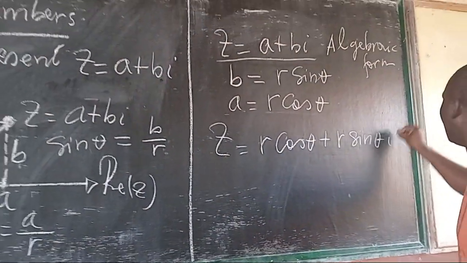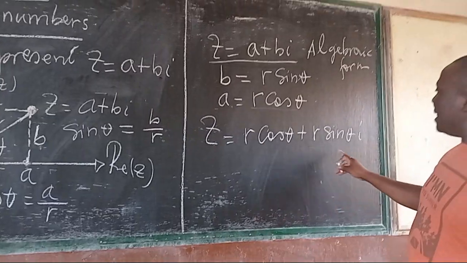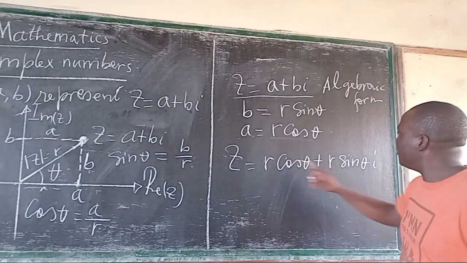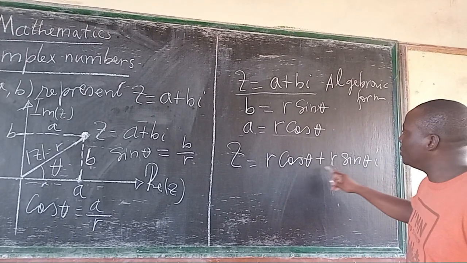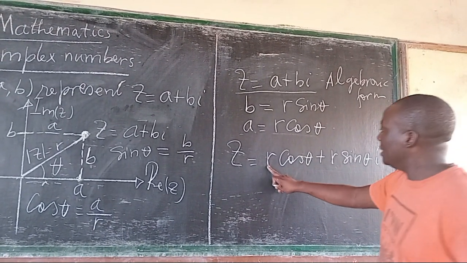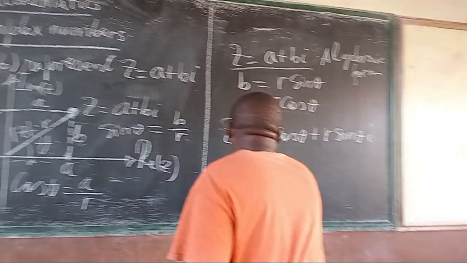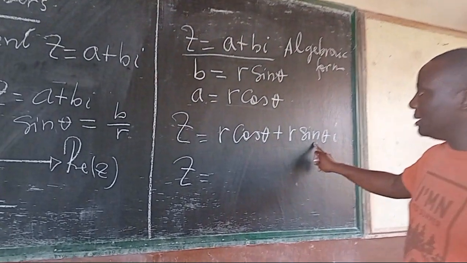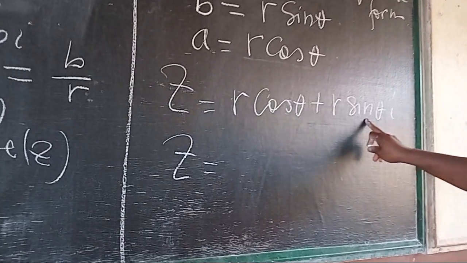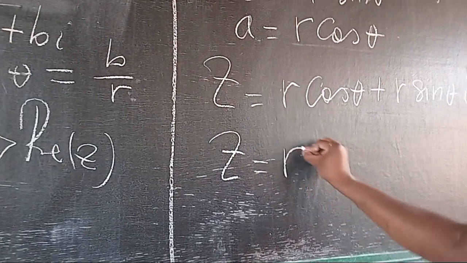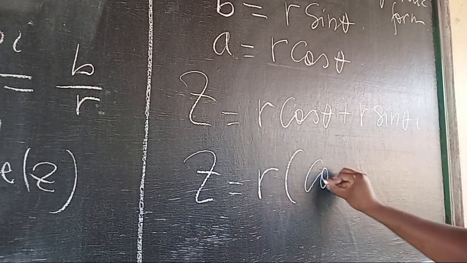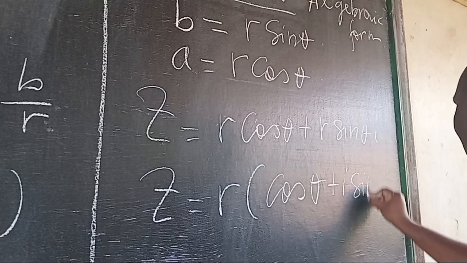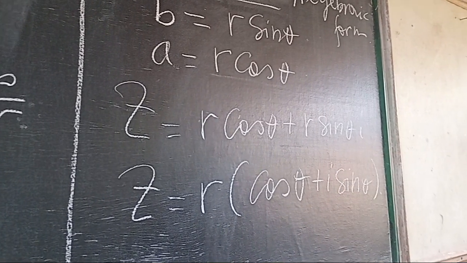Then, as you see here, we have a common factor R. I'm able to put R as a factor of sine and cosine. Then a complex number must be equal to R as a factor of cosine of an angle theta plus i sine of that angle theta.